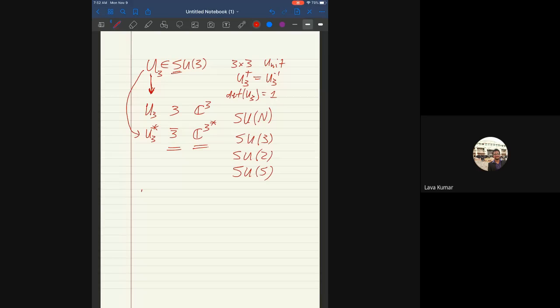U1 is not one of the groups SUN, and it has a different notation. So U1 is the group of complex phases. An element of U1 is a complex number of the form e to the i phi, where phi is a real number. So it's a point on the unit circle in the complex plane.